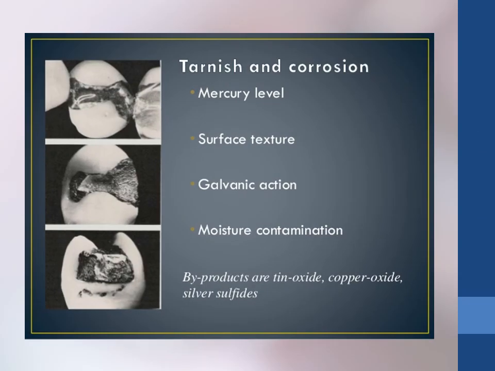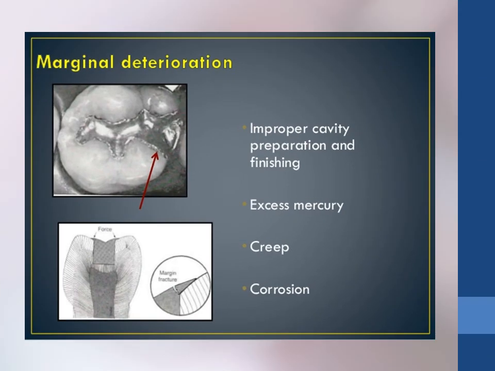Tarnish and corrosion, mercury level, surface texture, galvanic action, moisture contamination. These are all the factors. Marginal deterioration can be due to improper cavity design and finishing, if there is excess mercury, creep, corrosion. So these are all the factors that can cause failure, and further the reasons why these factors can occur.